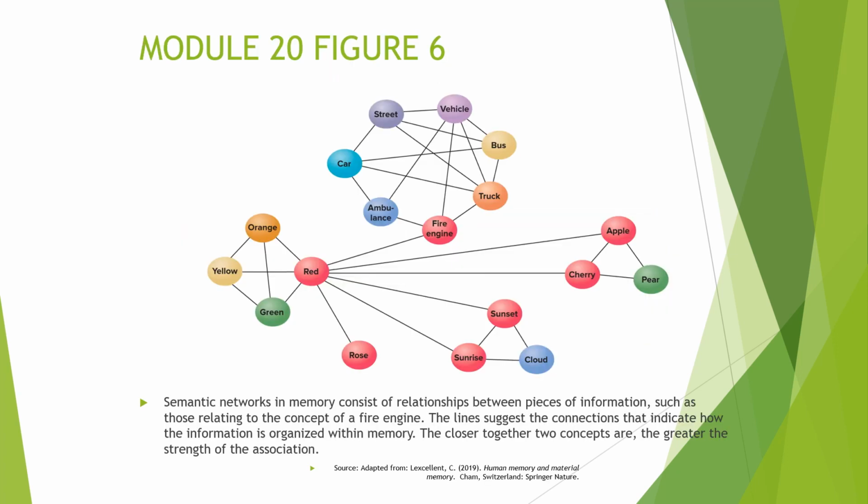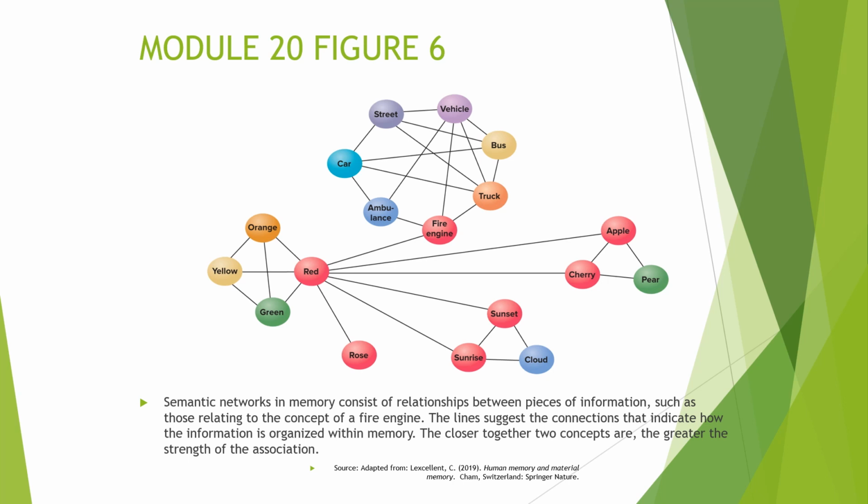So this is figure 6 at the top of page 211, and it shows you what we mean by a semantic network. Below it, it says semantic networks in memory consist of relationships between pieces of information, such as those relating to the concept of a fire engine, right? So a fire engine is red.